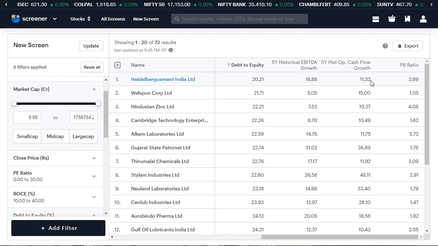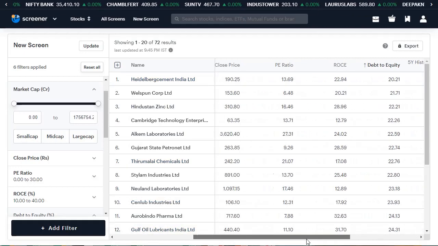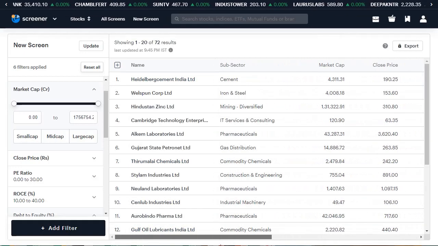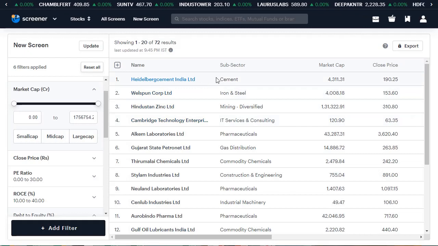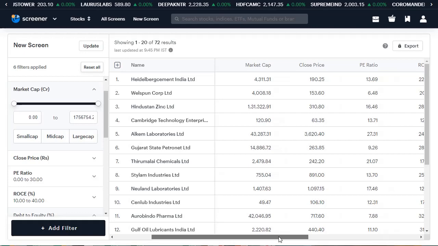The same is the operating cash flow, and the price to book ratio is almost 3, which signifies that the present value of the company is 3 times its book value. So based on these selections, Heidelberg India Limited, which is a company in the cement subsector, looks a top-notch choice for investing into the company.